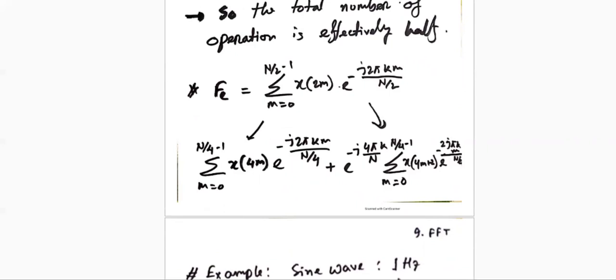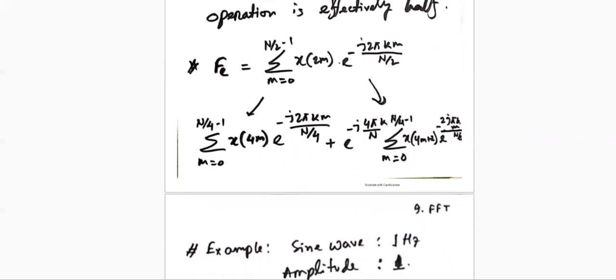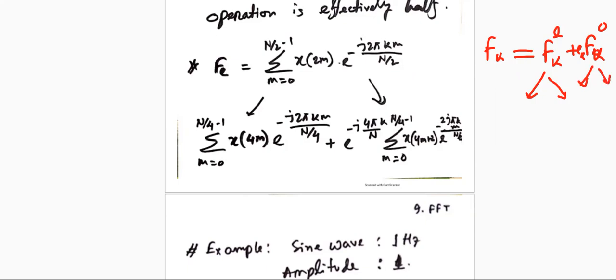So what we have learned up to now is that we have f of k, and we decided to divide it into even and odd k, with a phase factor ck. Now this even function can again be divided into two parts, and this odd function can again be divided into two sections.